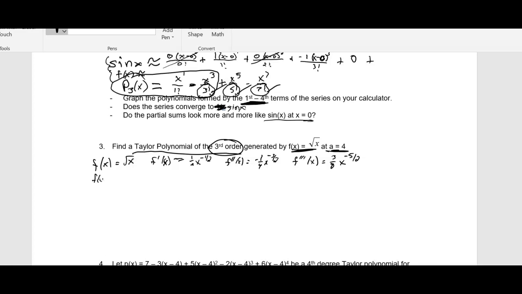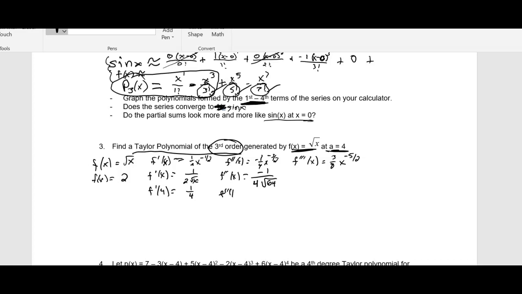So now let's find our functional values. So this would just be a 2. Let's clean this one up a little bit. So this is 1/2 root x. If we plug in our 4, we would get 1/4. This would be a negative 1/4, and then this is a square root of 4 cubed, so that would be 64.